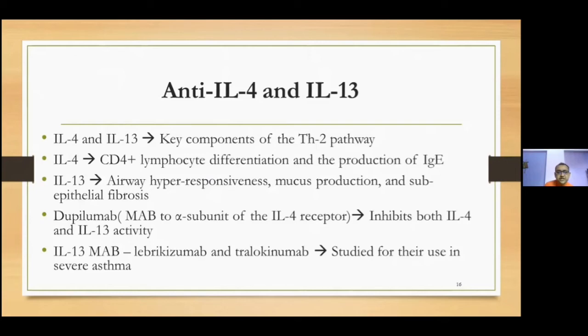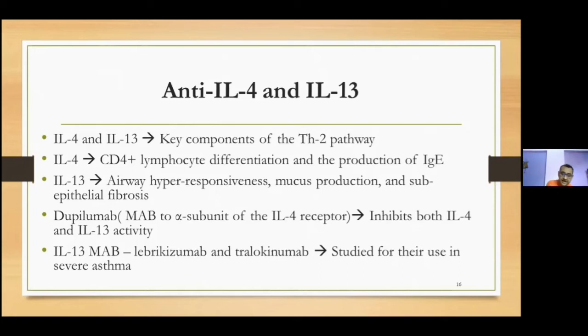Interleukin-13 drives airway hyperresponsiveness, mucus production and subepithelial fibrosis. So we have to target these two interleukins because they also share a receptor complex, like interleukin-4 receptor alpha and interleukin-13 receptor alpha. So there are several agents that were studied to target both interleukin-4 and interleukin-13.